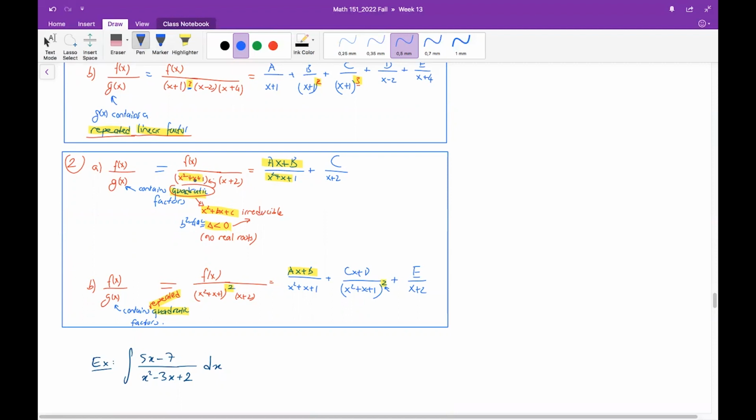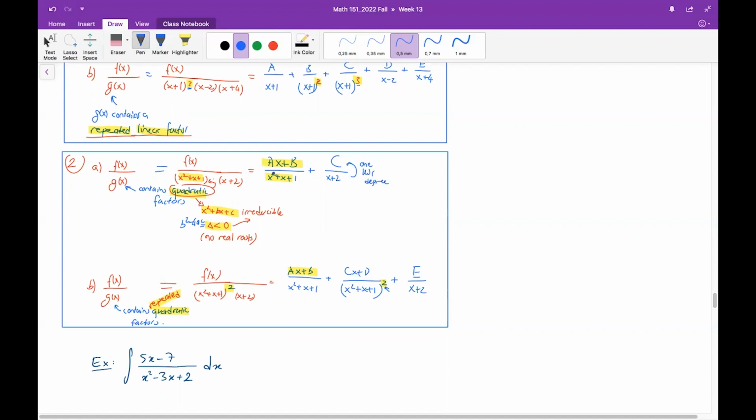So it is a polynomial of degree 2, which we call a quadratic factor. For such factors, instead of just putting a constant in the numerator, you need to put the form Ax plus B, one degree less than the denominator.